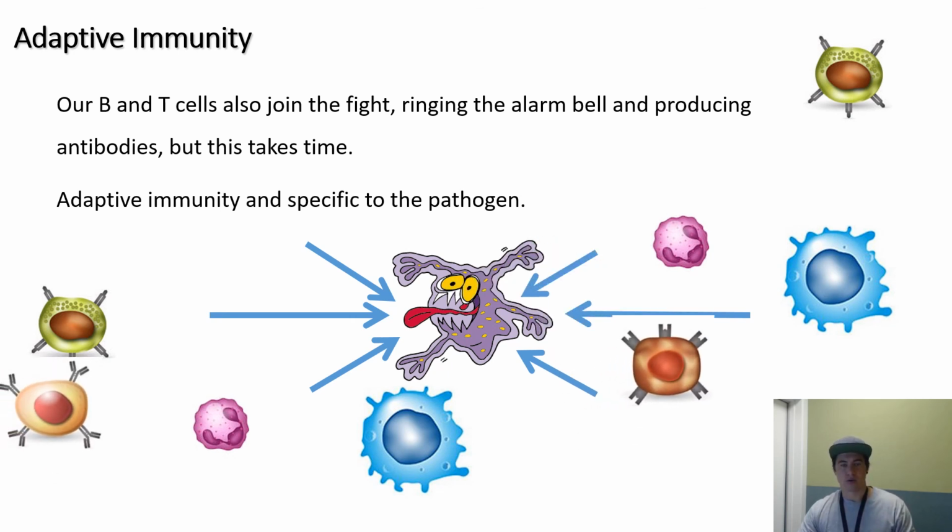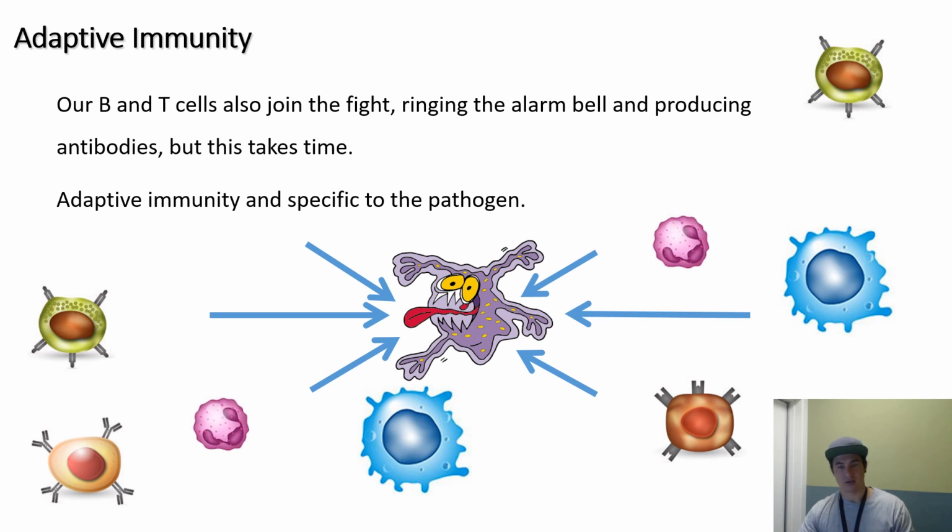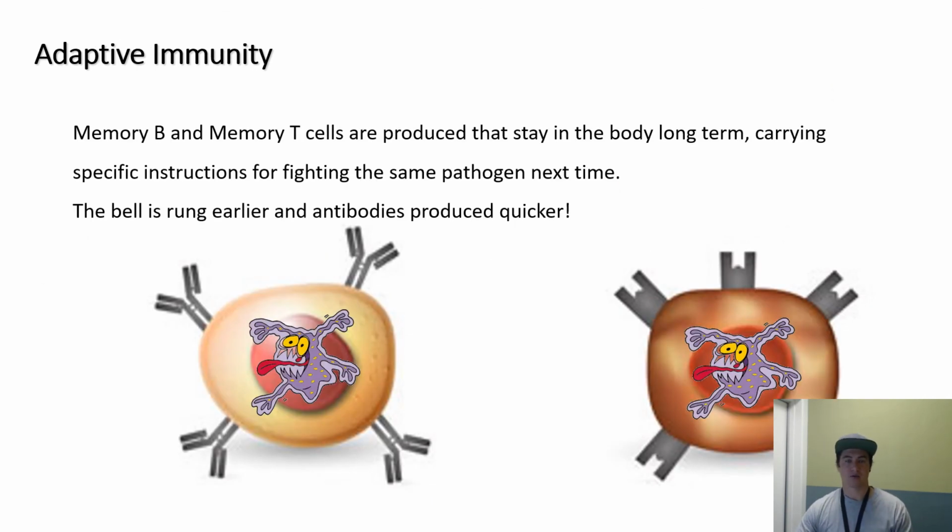But then also we've got our B cells and our T cells, and they will start to recognize this baddie. B cells will start to produce antibodies. Antibodies will attach to the baddie. The macrophages will start to work, and eventually we will fight off that infection, and we'll be left with these memory B and T cells, which there won't be many, but they float around in the system and are specific to what just came in.